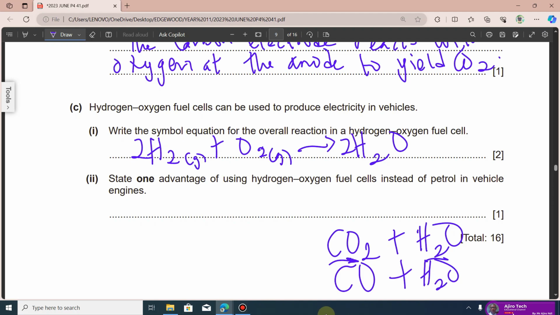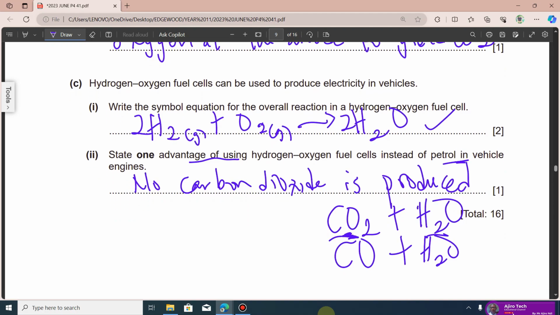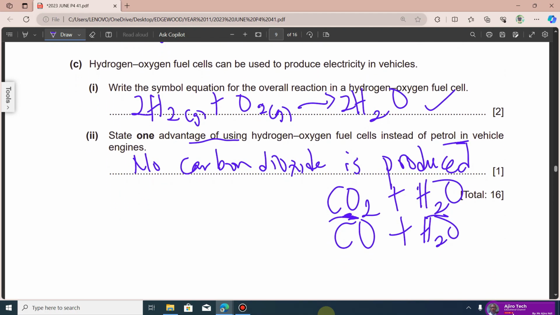So one advantage of using hydrogen-oxygen fuel cell instead of these hydrocarbons is no carbon dioxide is produced. So you don't have to contend with the problem of carbon dioxide. And remember that carbon dioxide is a greenhouse gas, which can result in climate changes and global warming. So in the case of using hydrogen-oxygen fuel cell, we do not have a challenge with the production of carbon dioxide. So that is one advantage of using hydrogen-oxygen fuel cells.